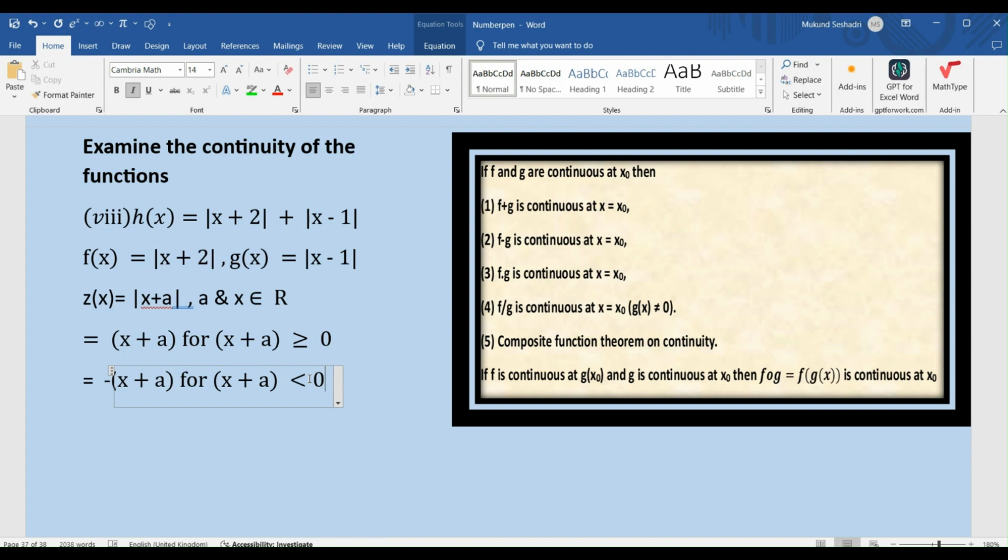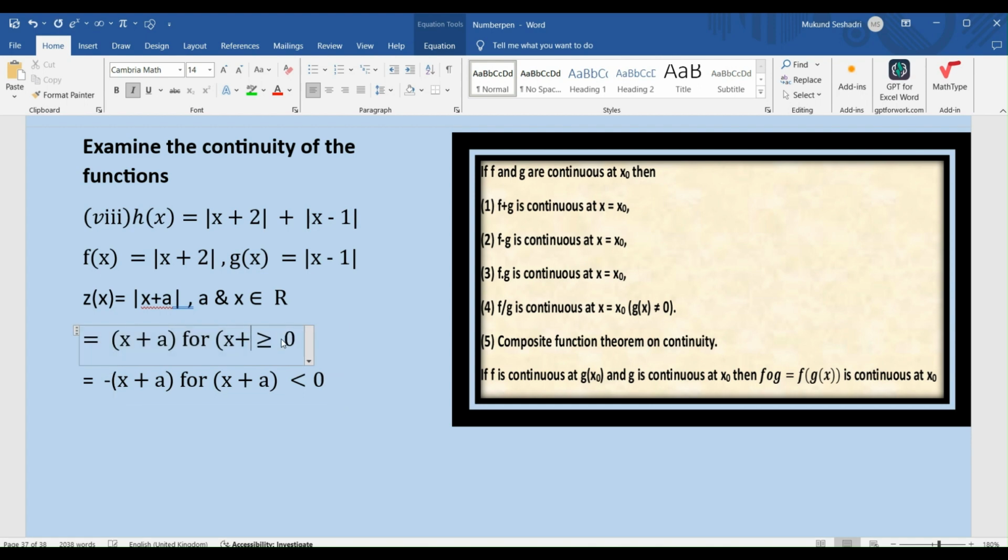So I'm repeating it. We're going back to the definition of mod function. Mod of x plus a equals x plus a for x plus a greater than or equal to 0. And whenever my x plus a is lesser than 0, the function is rewritten as minus of x plus a, right?